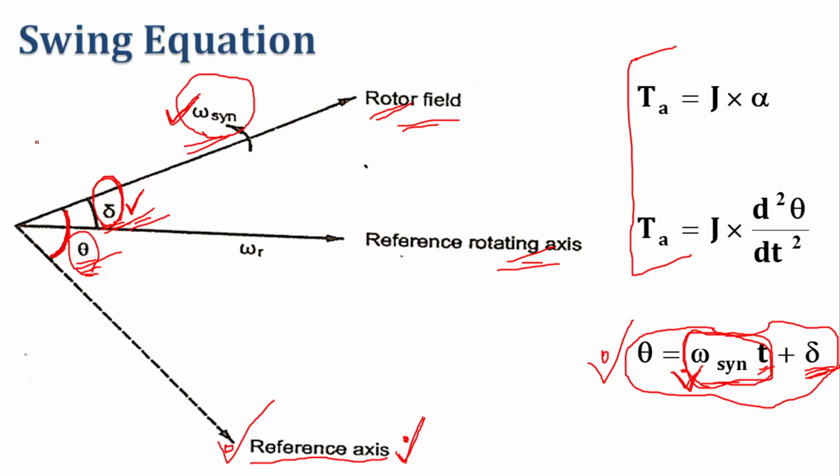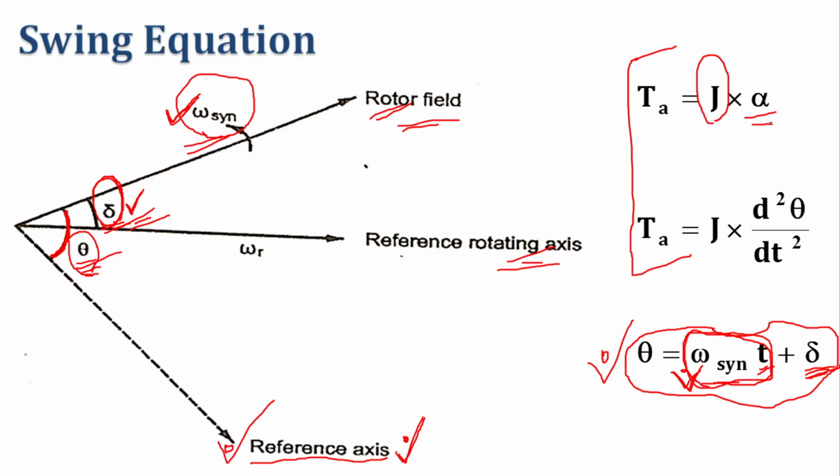So we know that torque comes from the rotating body, and torque is given by the moment of inertia multiplied by angular acceleration.